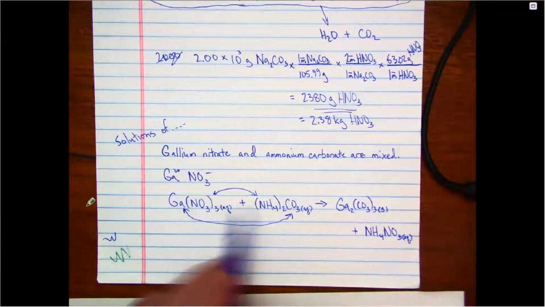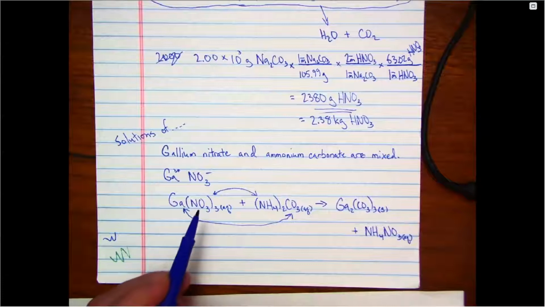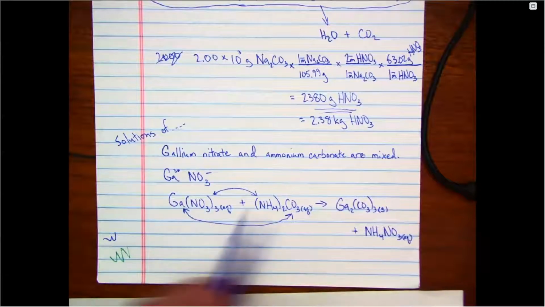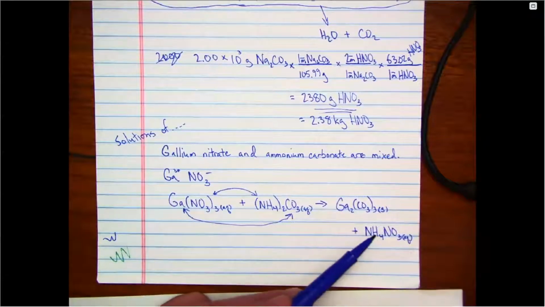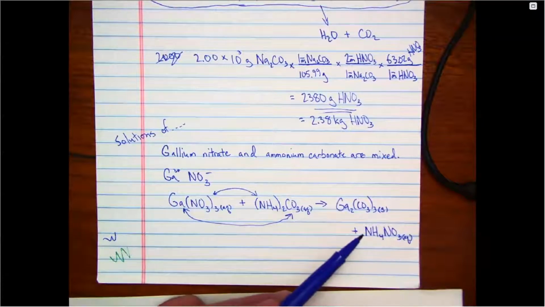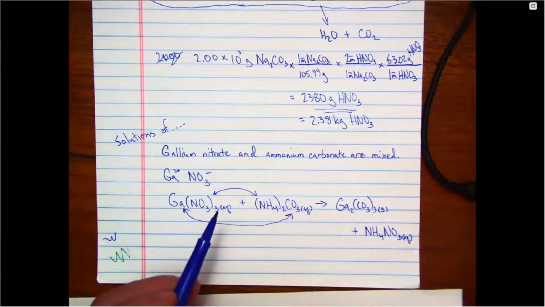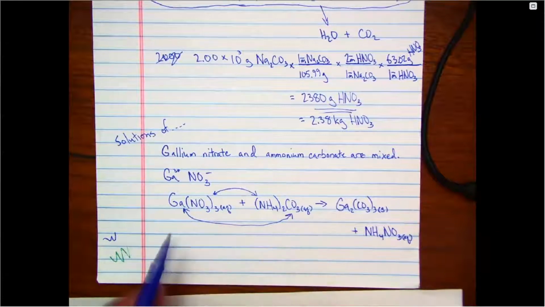We're not quite finished yet because this is a reaction, but it's not a balanced reaction. It looks like we have 3 nitrates on the left, only 1 on the right. We've got 2 ammoniums on the left and only 1 on the right. How do we fix that? We have 2 galliums on the left, only 1 on the right.